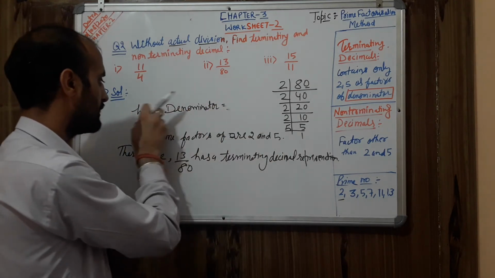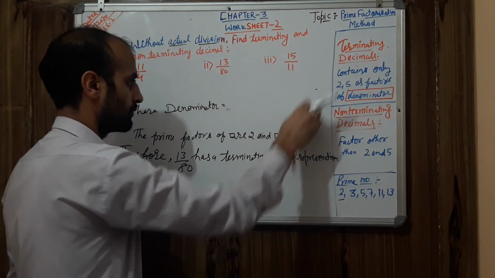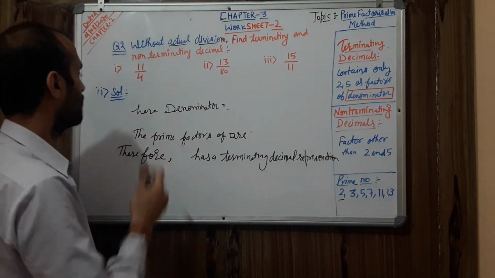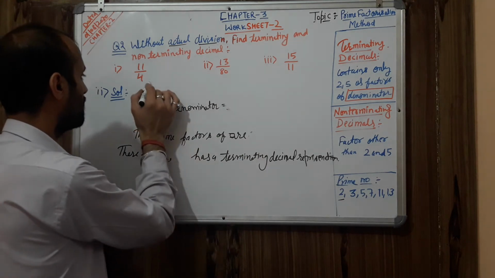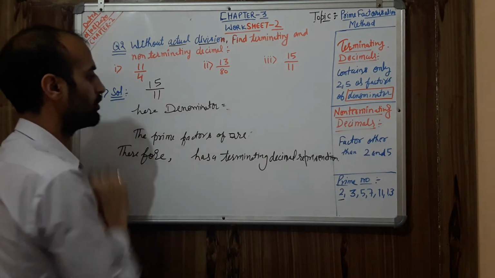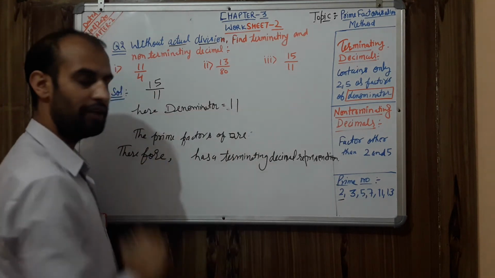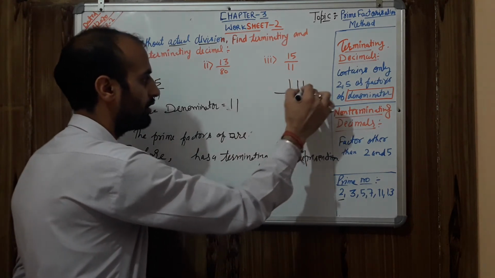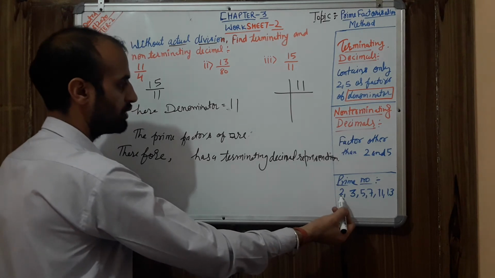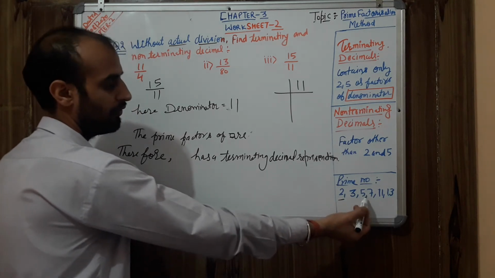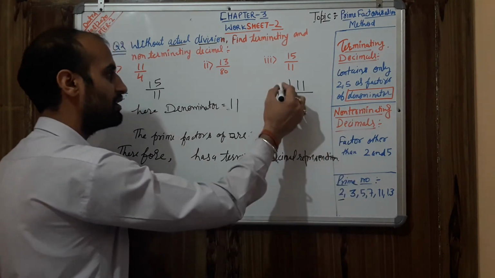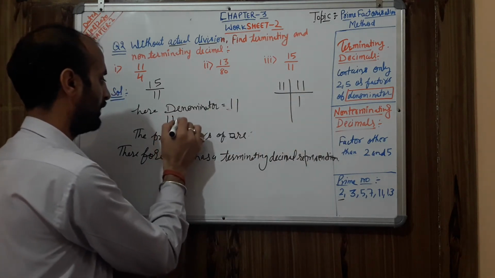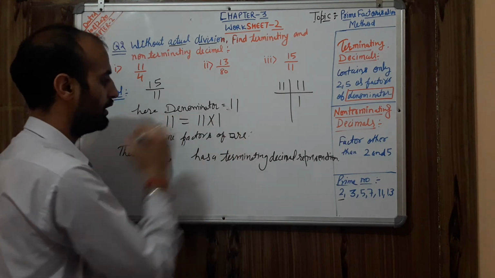The third part is related to 15 upon 11. So what is the denominator here? 11 is the denominator, so you can write 11 here. Start with 2. We are not supposed to divide with 2, 3, 5, 7. 11 is only in the table of 11. So 11 ones are 11. So the factors of 11 are 11 into 1.